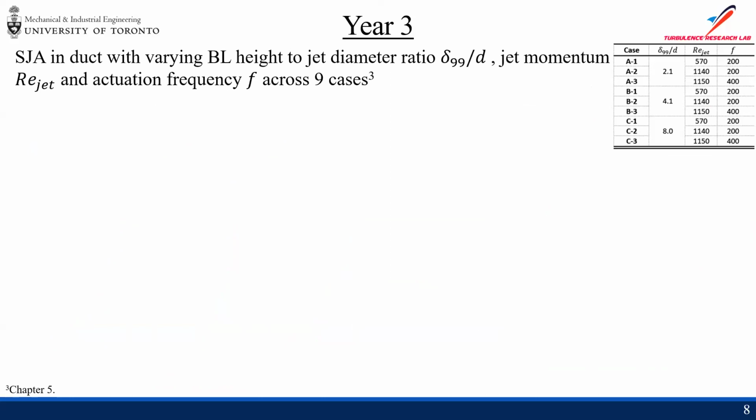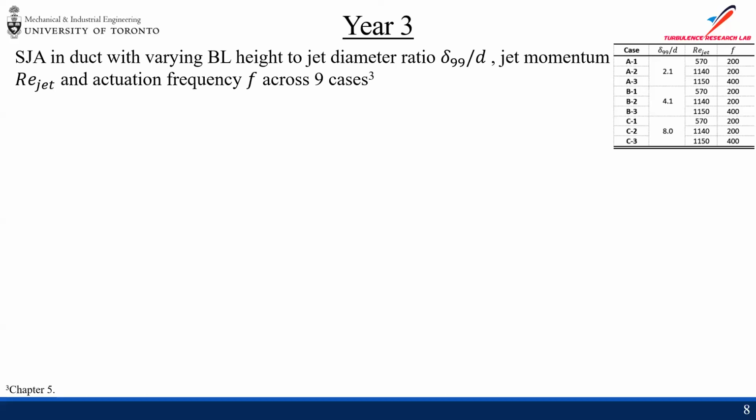Now, in year three was when I started my large eddy simulation, but LES are costly and time consuming to debug. And so on the backside, I also extended some of my work of a circular and also SJA in a boundary layer with URANS.